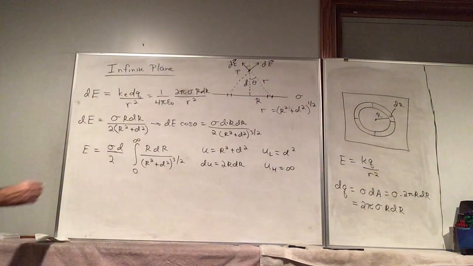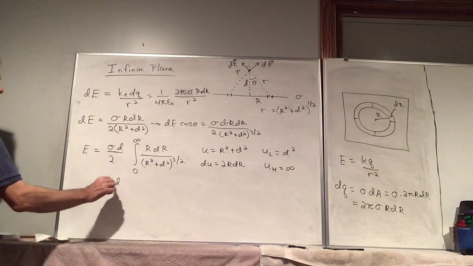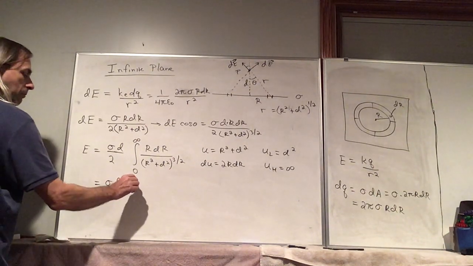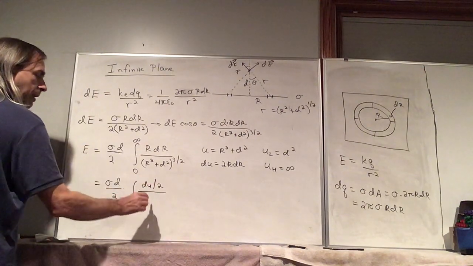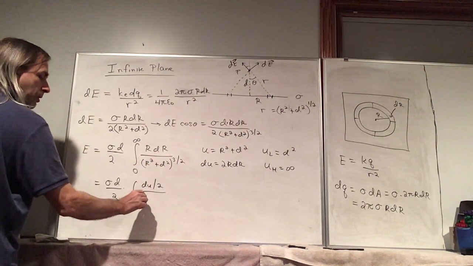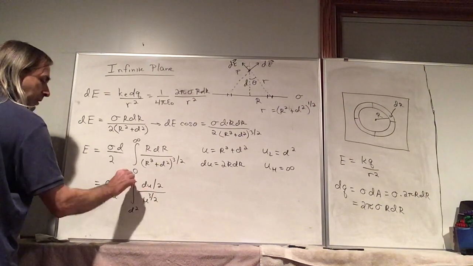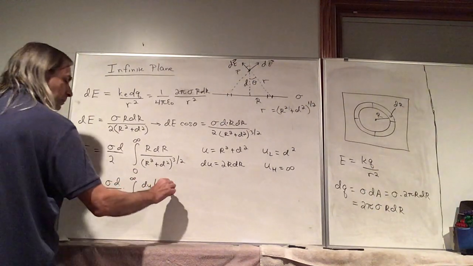So let's make this change of variables. We have sigma d over 2. Now r dr is 1/2 du. And then we have here, this is u to the 3/2. And we're integrating from d squared to infinity. Let's take this 2 out.